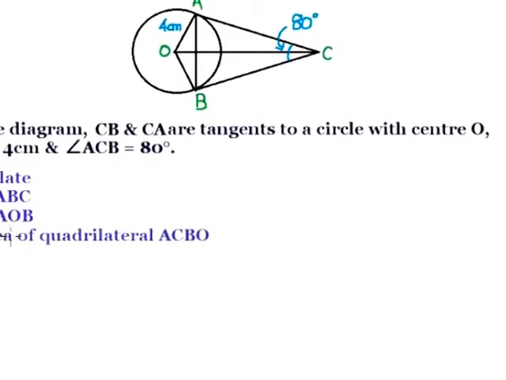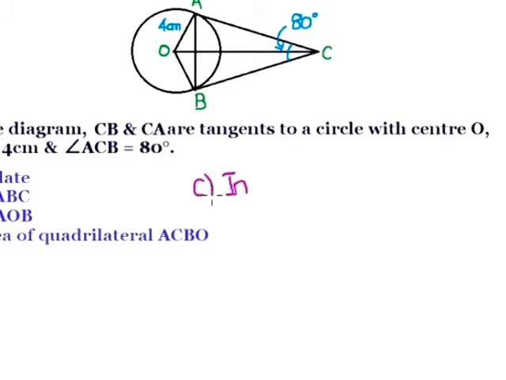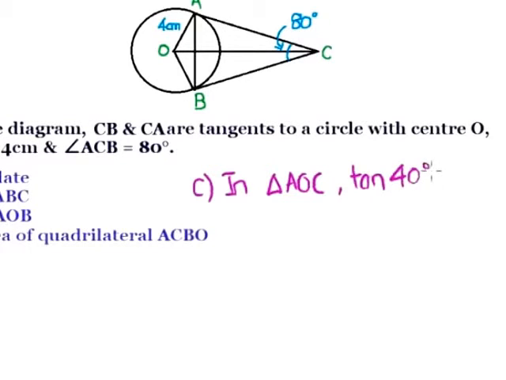As for C, the area of quadrilateral ACBO is equal to, in the triangle AOC, tan 40 is equal to 4 over the length of AC.